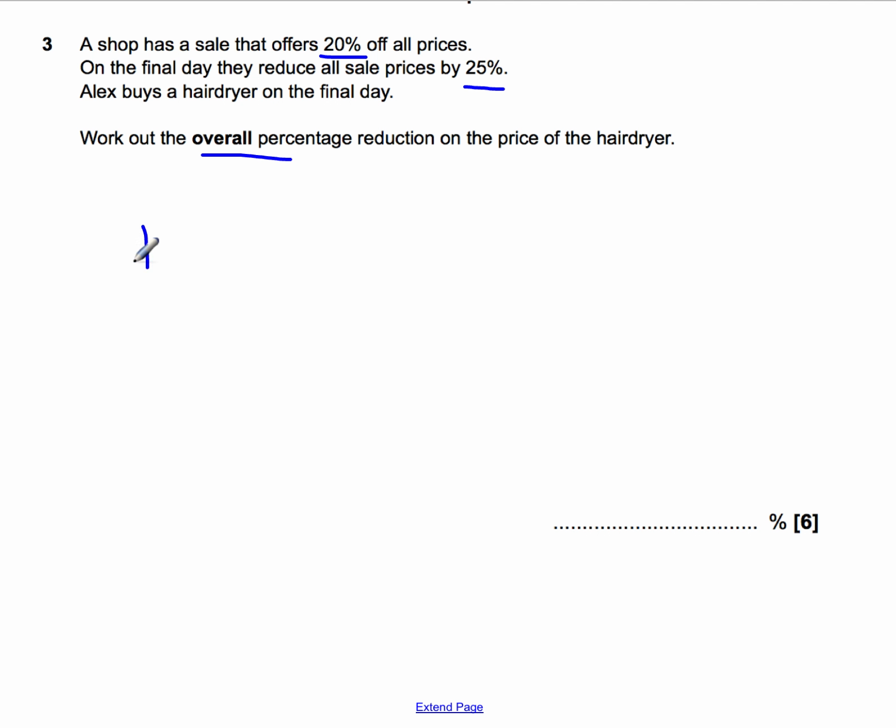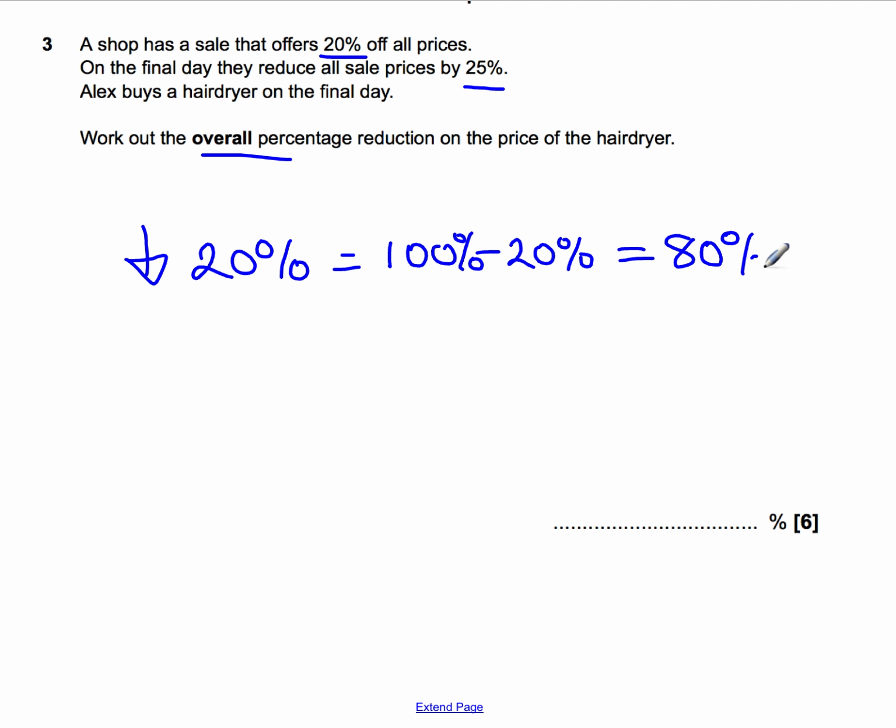When we're doing a 20% reduction, we're basically saying that if we knock off 20% from 100%, then we're left with 80% of the price of the item. So the multiplier is 0.8.